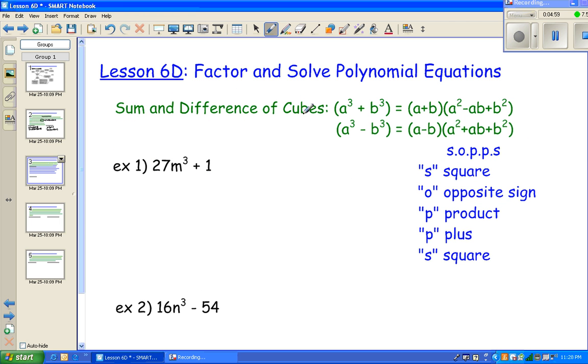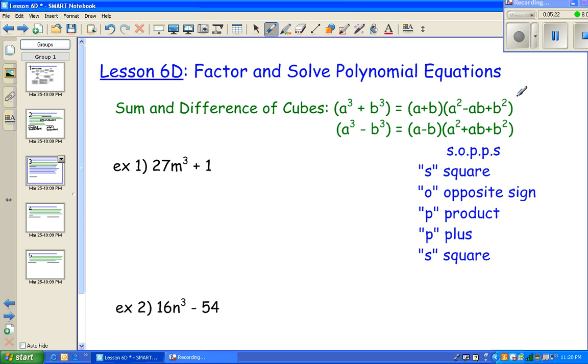Now, something that you're going to encounter with polynomials that you didn't encounter with quadratics is the sum and difference of cubes. A little bit different because you're working with a cubic function versus a squared function. When we were doing difference of squares, it only worked for a difference. Sum and difference of cubes works for sums and differences.